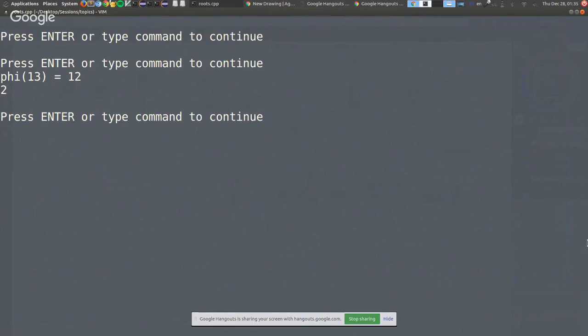Here we can find that the phi of 13 is 12, as we expect it to be, and it got the first primitive root, which is 2.